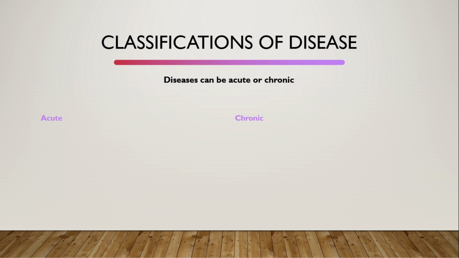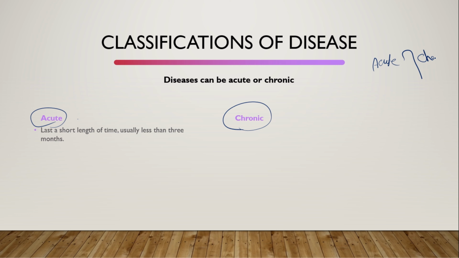Disease can be either acute or chronic. Acute disease and chronic disease. What is the difference between acute disease and chronic disease? In unit 1 in medical terminology, we studied acute and chronic. I told you that acute is a short time, less than 3 months, but chronic is a long time, more than 3 months.